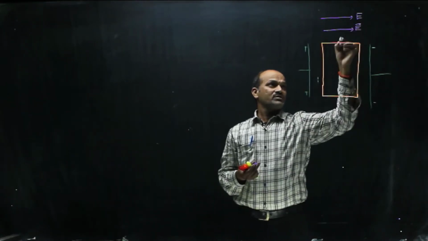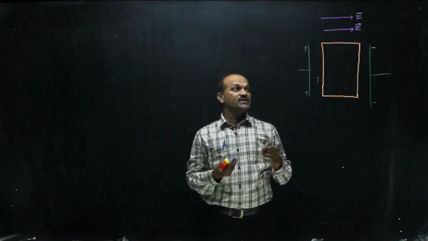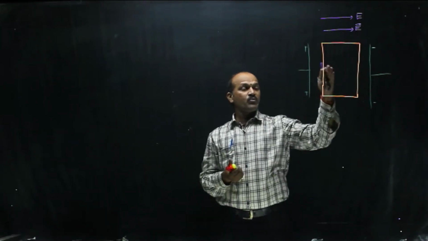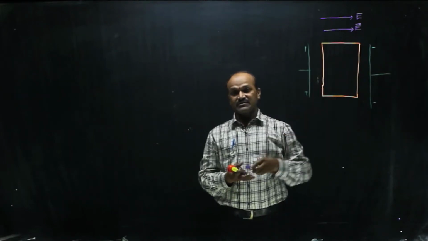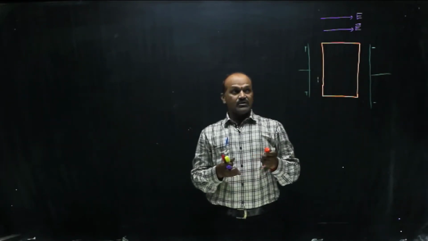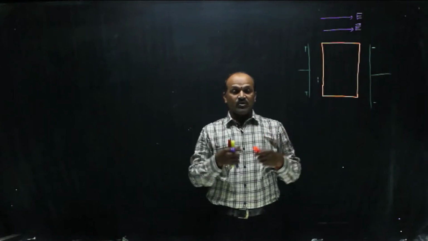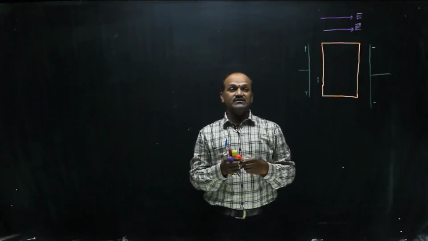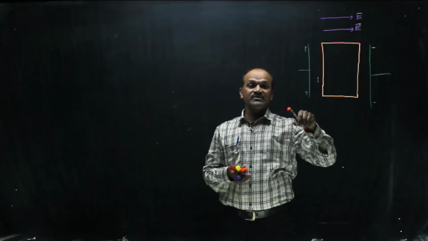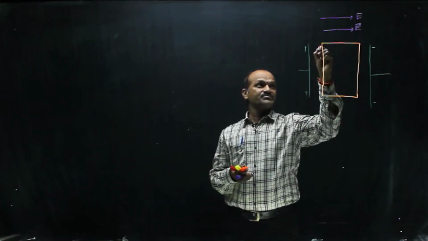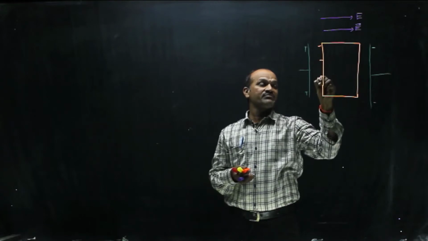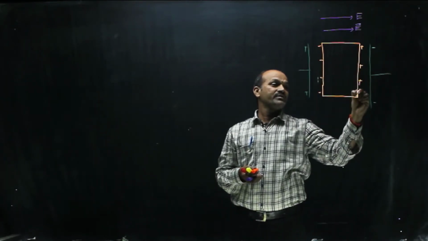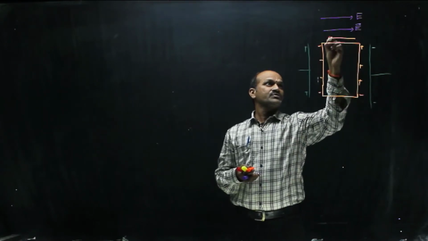Here, this E bar produces some polarization inside the dielectric slab. That polarization produces a depolarizing field inside the material, which opposes the applied field direction.